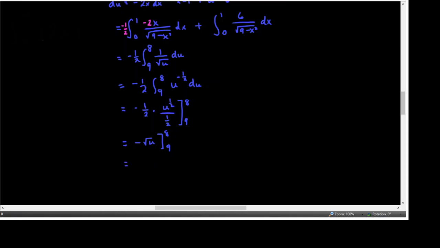So by substitution, that's going to be negative square root of 8 minus negative square root of 9, which is negative 2 square roots of 2 plus 3.